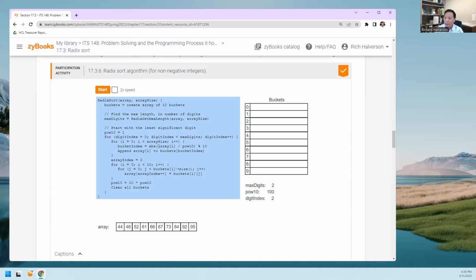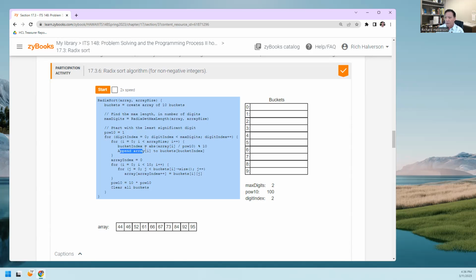We do that by taking the number and dividing it by either 1 or 10 or 100 or 1000 or whatever it is, so after it's divided, the lowest order digit will be the one that we're looking for, and then we do a mod 10, and that isolates that digit. So that's what this loop does, and it does it for every integer in the array, and it basically fills the buckets.